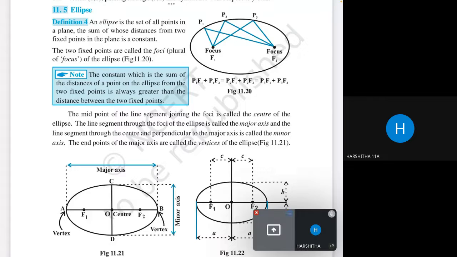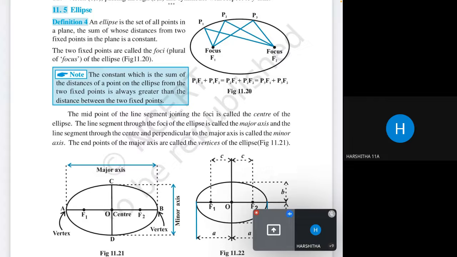Okay, note this point: the constant, which is the sum of the distances of a point on an ellipse from the two fixed points, is always greater than the distance between the two fixed points, the foci. That is, greater than F1F2.